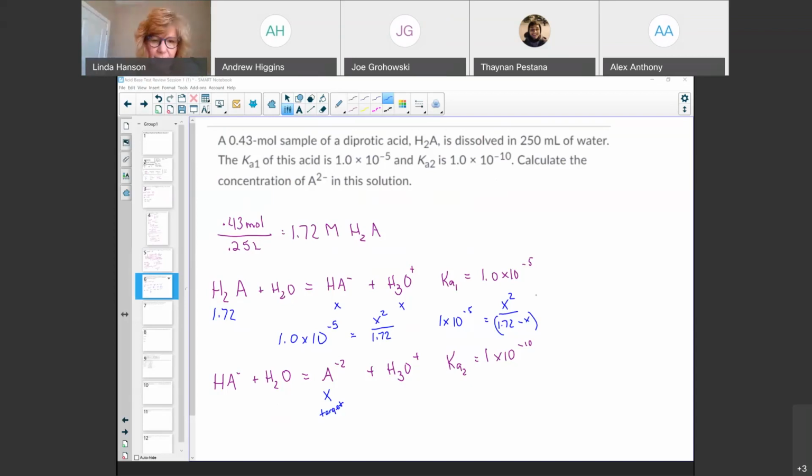I'm going to cross multiply 1.0 times 10 to the negative 5 times 1.72. I'll take the square root of that answer to find the value of X. So right here, when I solve for X, X on my screen came out to be 0.00415.